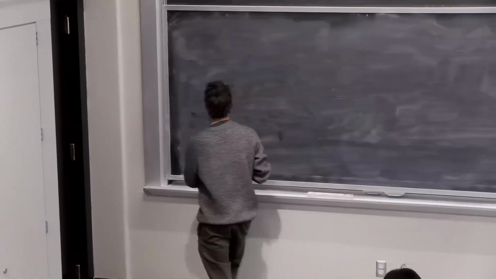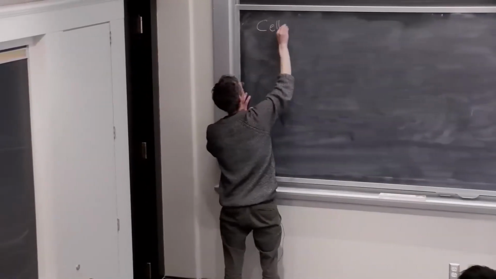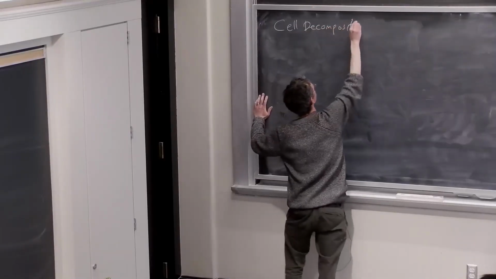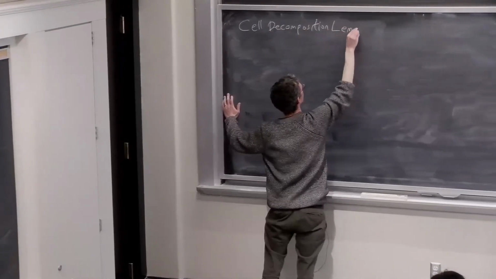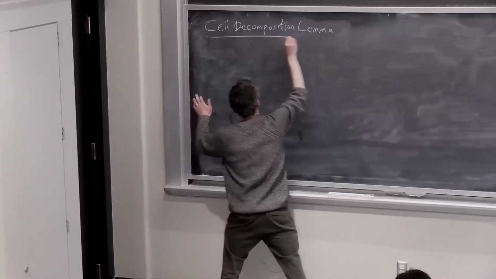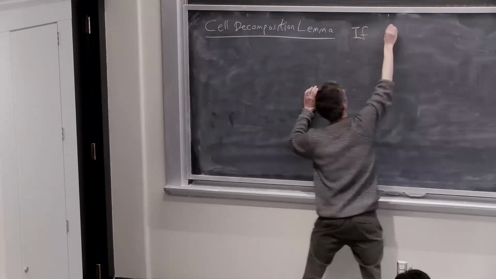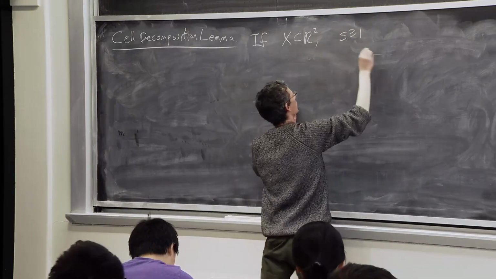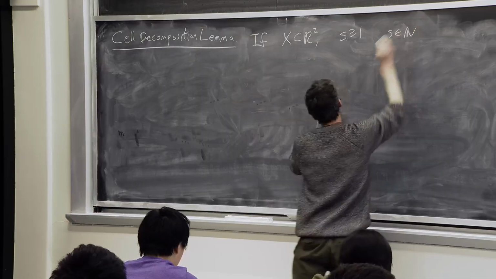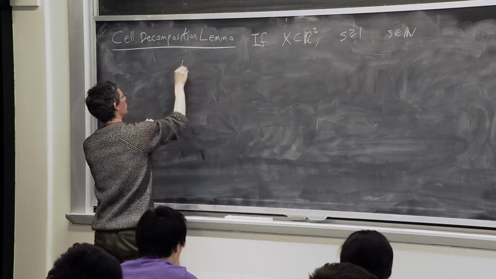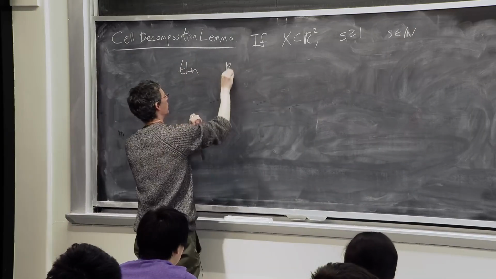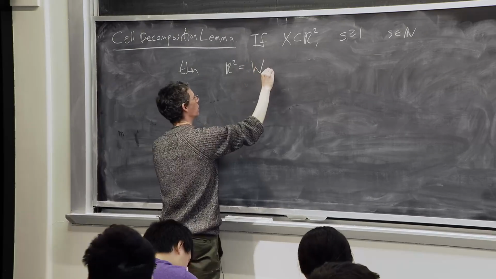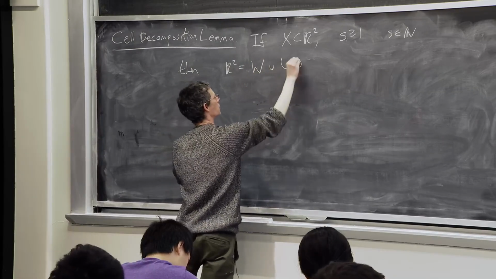All right. So the cell decomposition lemma says that if X is a finite subset of the plane and S is a natural number, then there's a way to cut up the plane into a cell wall and a bunch of cells.